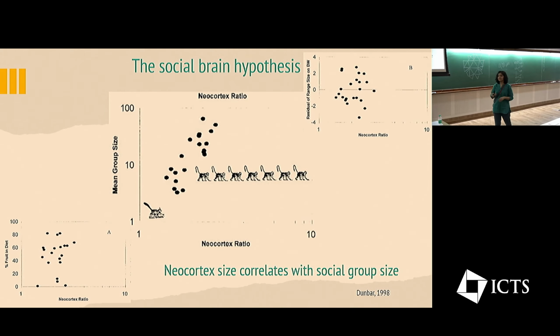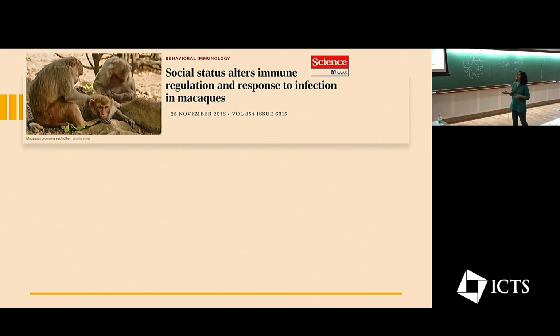If it were the case, then you would have seen a clear correlation with the range size, which was also not so. So it ended up being the group size of these animals that was found to be significantly correlated with the neocortex ratio, suggesting the importance of our social interactions, our social networks, in the amount of brain that we use on a daily basis, right?